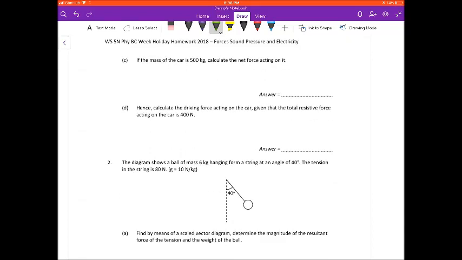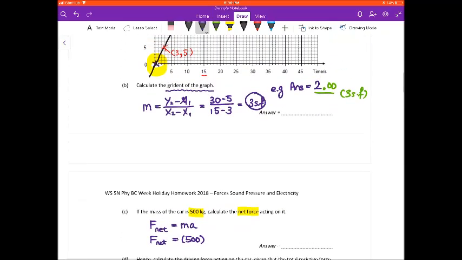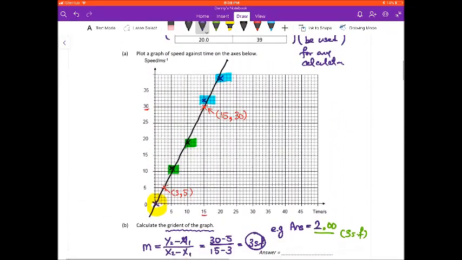Okay, for the next thing, the next question asks you to find net force. So for those of you who have memorized the formula sheet religiously, right, you will know that F net, remember to write down this small word net, is equals to MA. So F net is the one that we want to find, and we already know that your mass is 500. So now you may ask me, teacher, what is A? So remember, when you are doing your formula memorization, you will have come across this thing called speed time graph.